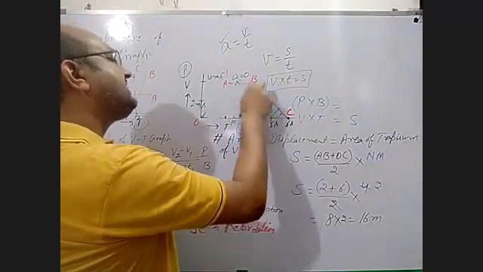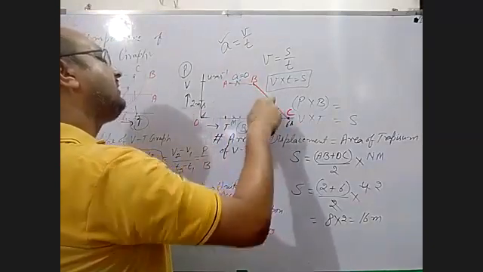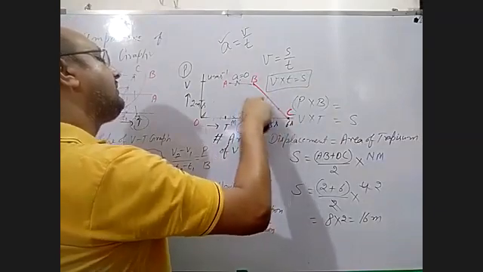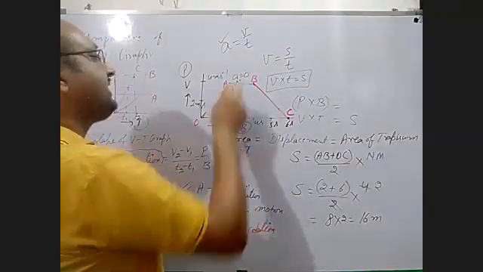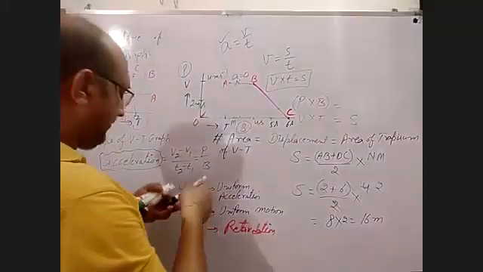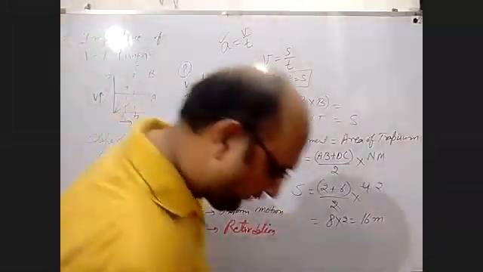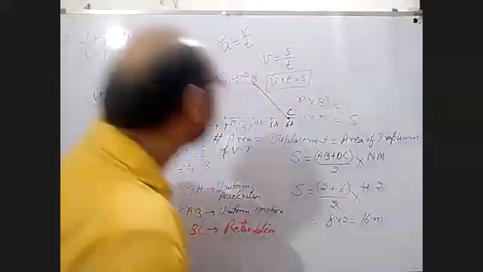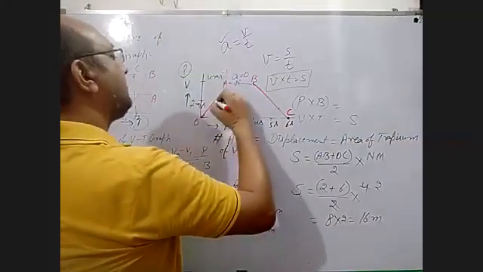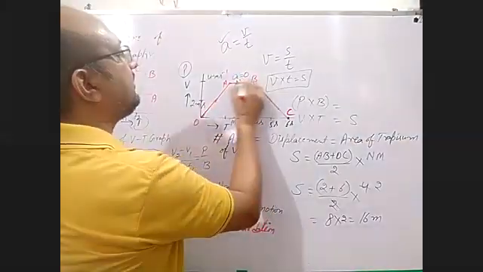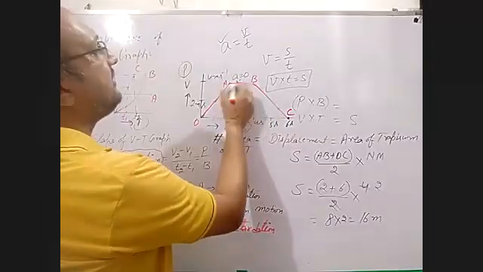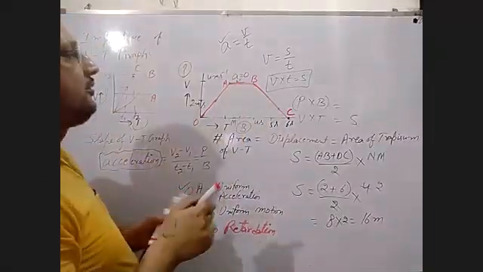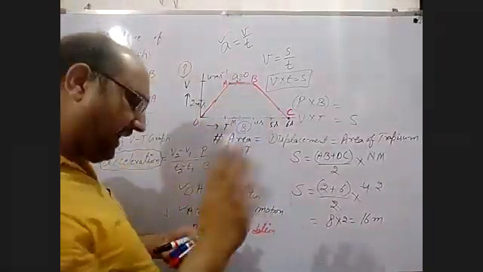And what is the acceleration in part AB? Because you can also take the slope in this graph. No problem is there for taking the slope. For the AB portion, take the slope of the VT graph for AB only.